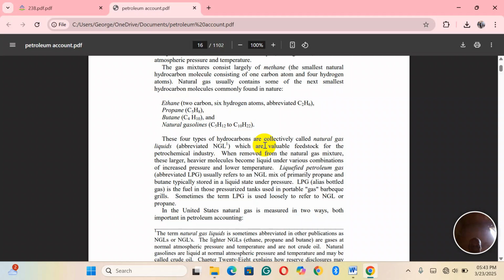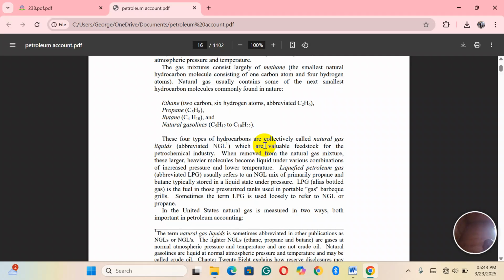When removed from the natural gas mixture, these largely heavier molecules become liquid under various combinations of increased pressure and lower temperature. Liquid petroleum gas, abbreviated LPG, usually refers to the NGL.